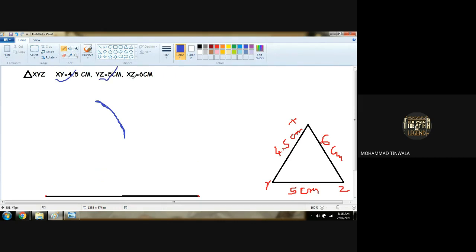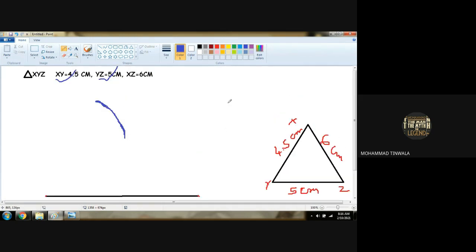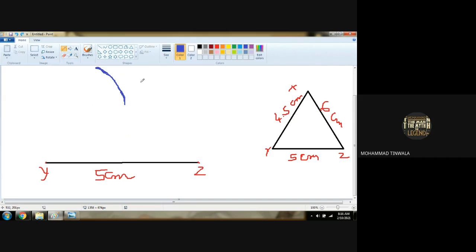Okay. Now XZ is 6 centimeters. So from point Z we have to measure 6 centimeters. Again, open rounder and pencil, measure on your scale from 0 centimeter to 6 centimeter. After that, we point out Z here and construct another arc in such a way that it intersects the first arc.